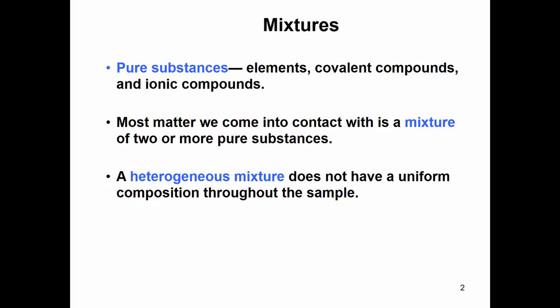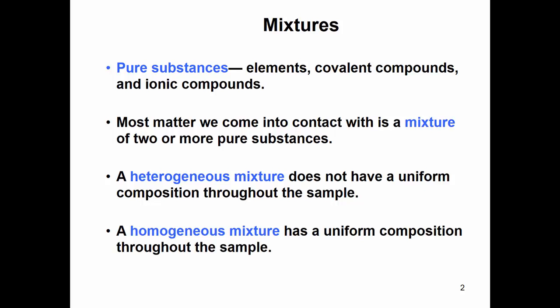So I think of this as they do have distinguishable parts. Something like vegetable soup, you can pick out the peas and the carrots and the potatoes. You can see the parts of it. A homogeneous mixture is uniform throughout, so it has a uniform composition throughout the sample, and you cannot pick apart the pieces.